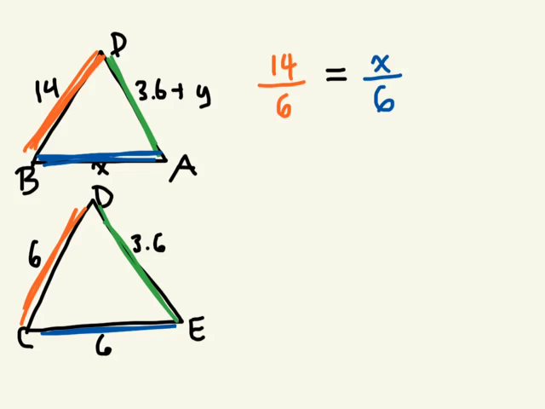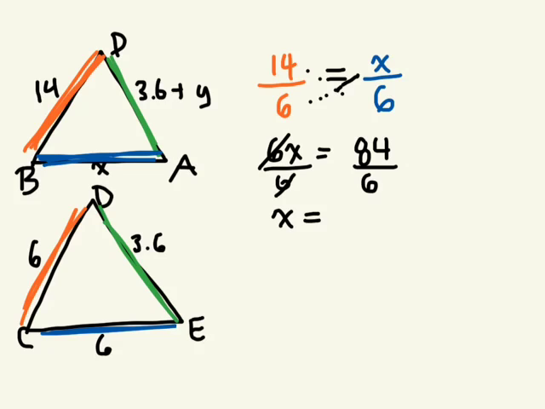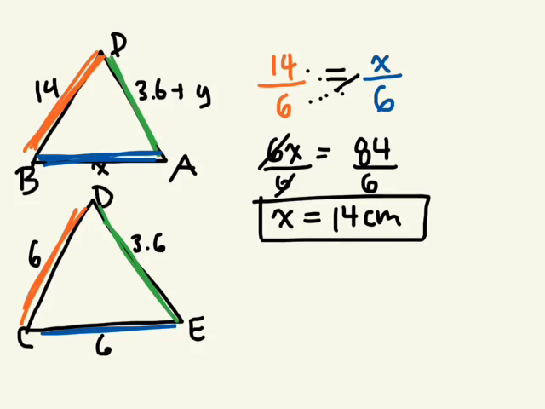Yes. 6 times x, 14 times 6. 84, good. How do I solve for x? Divide both sides by 6. What does x equal? X equals 14 centimeters, okay? So we found the first one. That was easy, right? This is 14 centimeters.